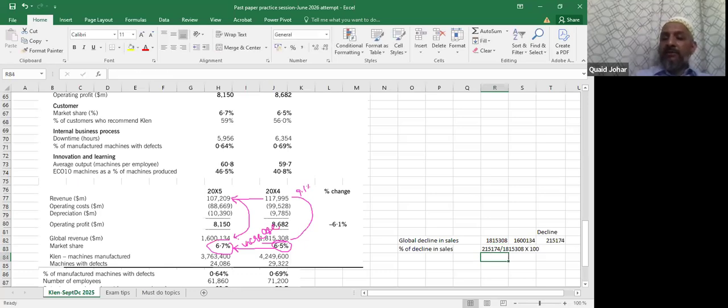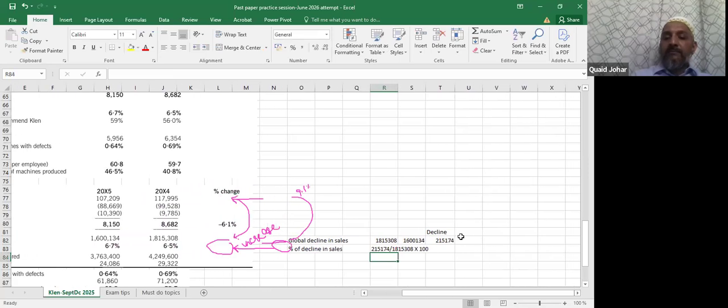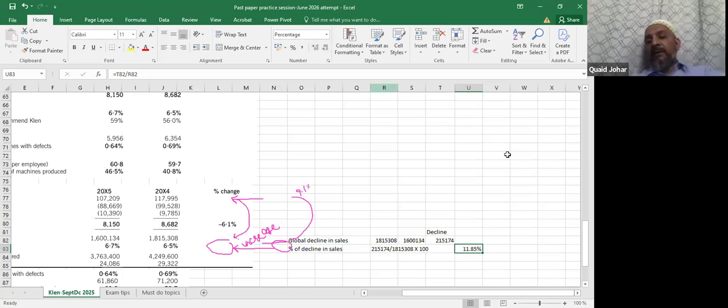This gives you the percentage. So what's the decline percentage? The decline percentage is approximately 12%, and if we take it to 2 decimal places, it is 11.85.